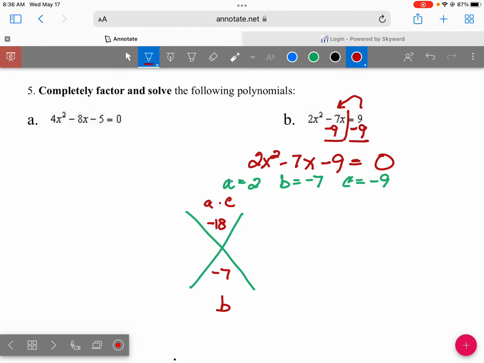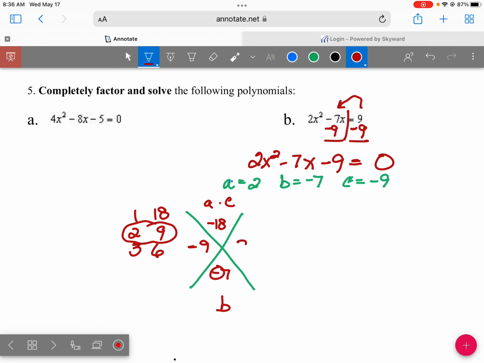So factors of 18 are 1 and 18, 2 and 9, 3 and 6. Now I don't put the negatives on them, but one of them does have to be negative. 2 and 9, they have a difference of 7, so that looks good. Which one of those numbers is going to have the negative? The 9, yes, because the larger digited number has to have the same sign as what's on the bottom.